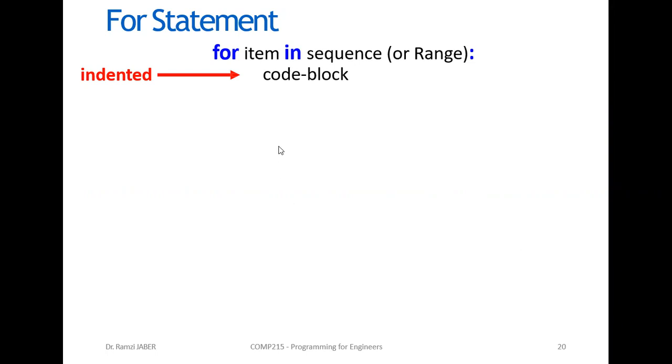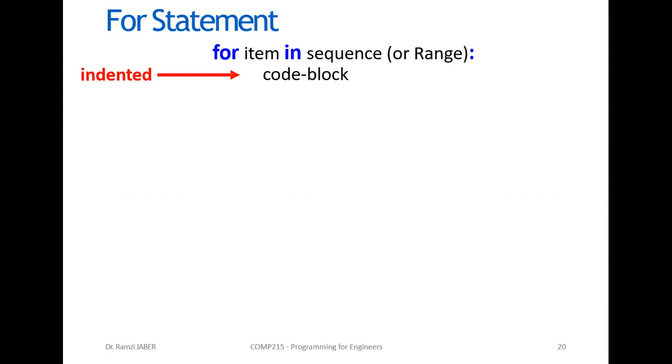The syntax is: for, your variable item (any variable name), in, and any sequence or range or list you want. Then a colon, enter, tab, and write the body of the for loop here.